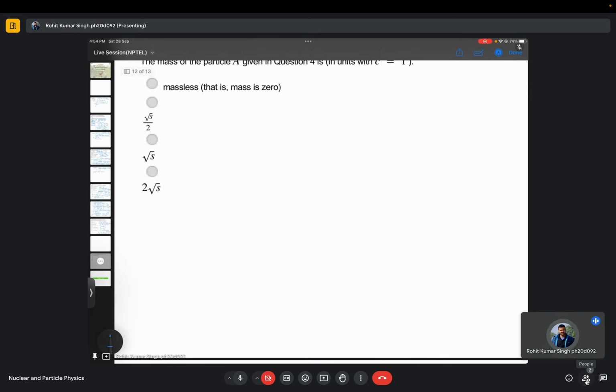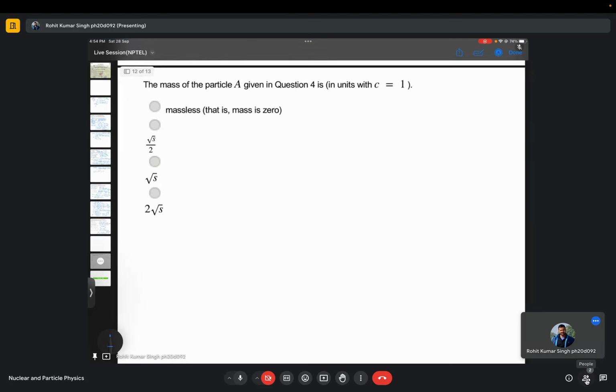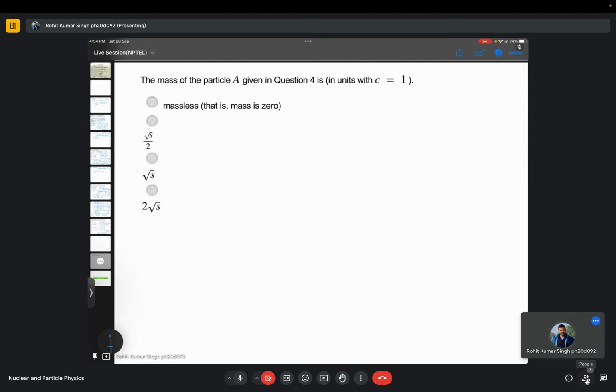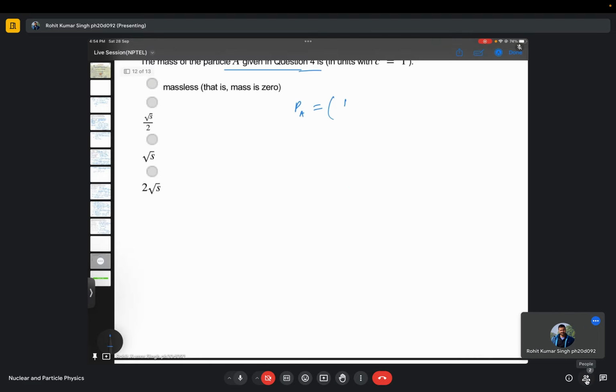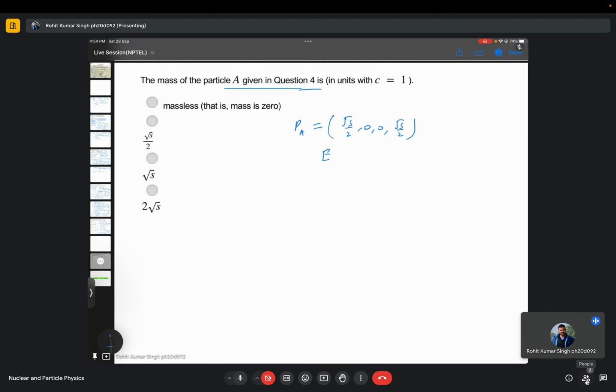Now let's go to the last problem today. Here we have to find the mass of the particle A given in question 4. So what was EA here? EA was 0, 0, root s by 2. So E is given, and P square, the three momenta.